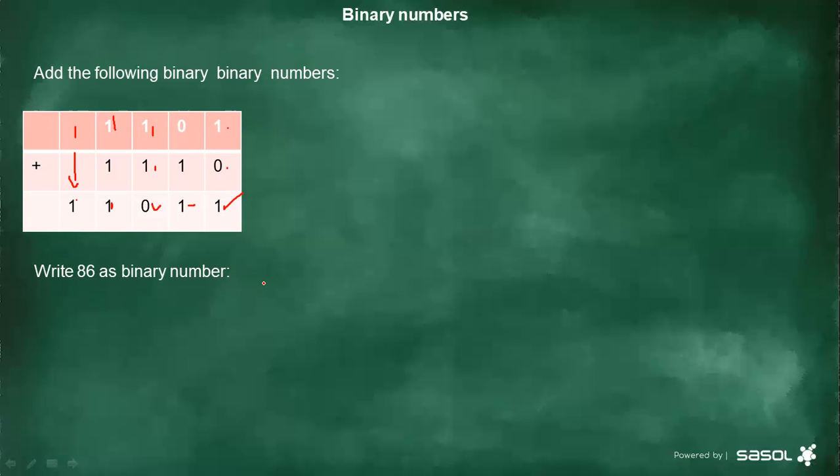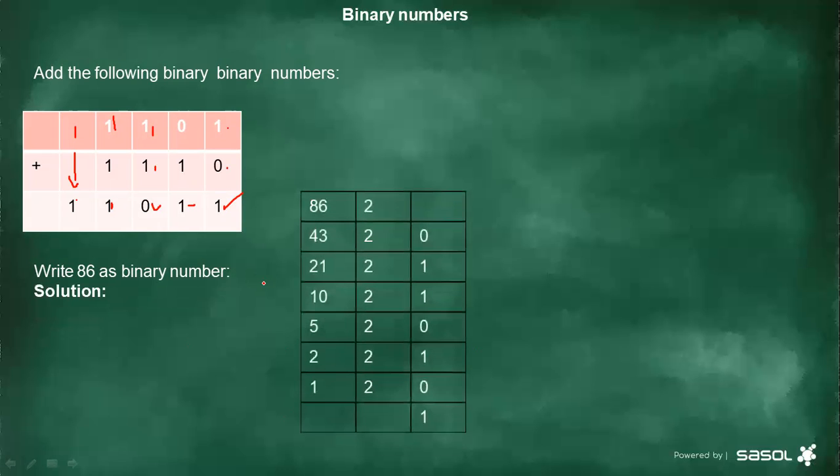Let's write 36 as a binary number. For the solution, you're going to use this table, and base 2. So 2 into 36 is 18. There is no remainder, so it's 0 there.